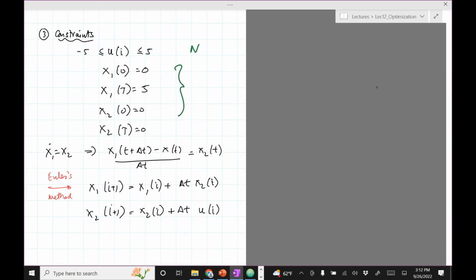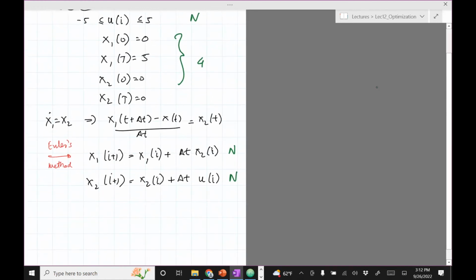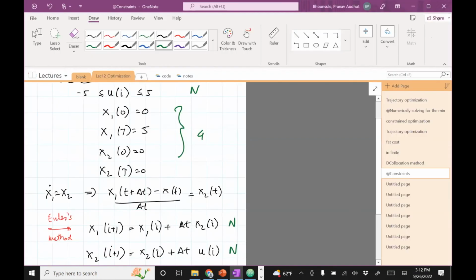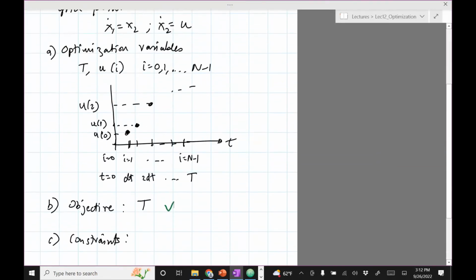There are 4 here. This is going to be n, and this is going to be n, right? You try to satisfy that at n points. So there are n plus n plus n, that's 3n plus 4 equations.